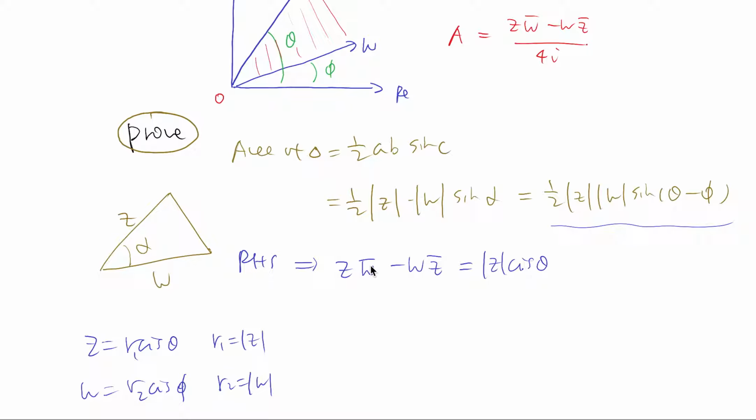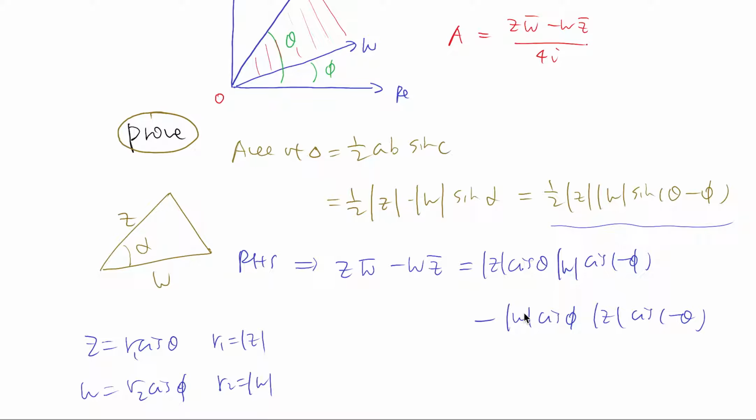W is r2 cis phi, so W conjugate is r2 cis minus phi. Remember, it's a reflection around the real axis. So it's modulus of W cis minus phi. And then subtract W, which is modulus of W cis phi, and then Z conjugate is modulus of Z cis minus theta.